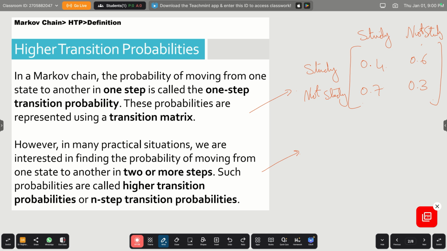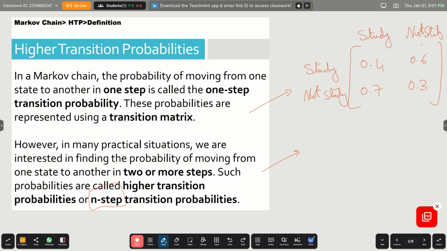In this case, the probabilities of the states after 2 or more days, or 2 or more steps, are called higher transition probabilities. After 10 days, it is called 10-step transition probability.